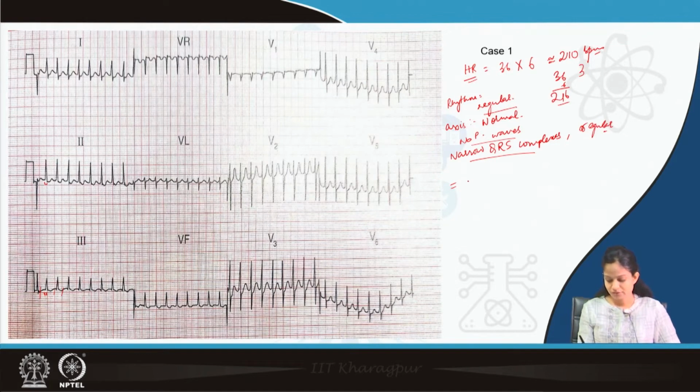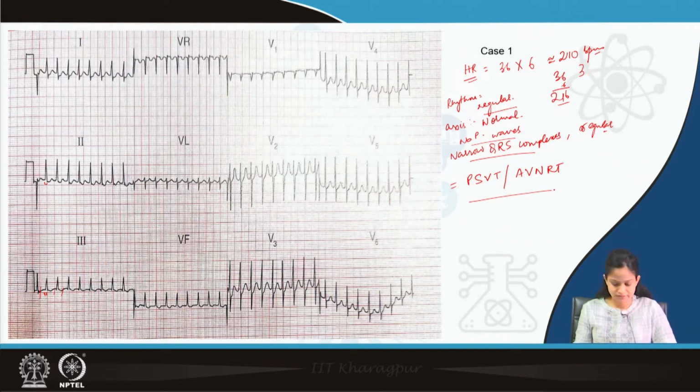So, this should go around paroxysmal supraventricular tachycardia or atrioventricular nodal reentrant tachycardia. Ideally, if there had been a change in the QRS complexes, like wide QRS complexes, we would have made some other diagnosis. So, this ECG is of atrioventricular nodal reentrant tachycardia or paroxysmal supraventricular tachycardia.